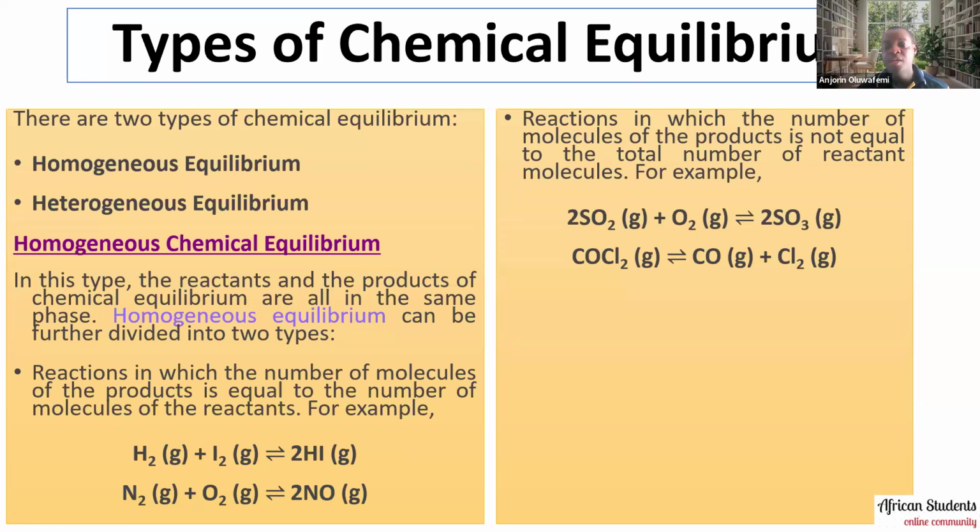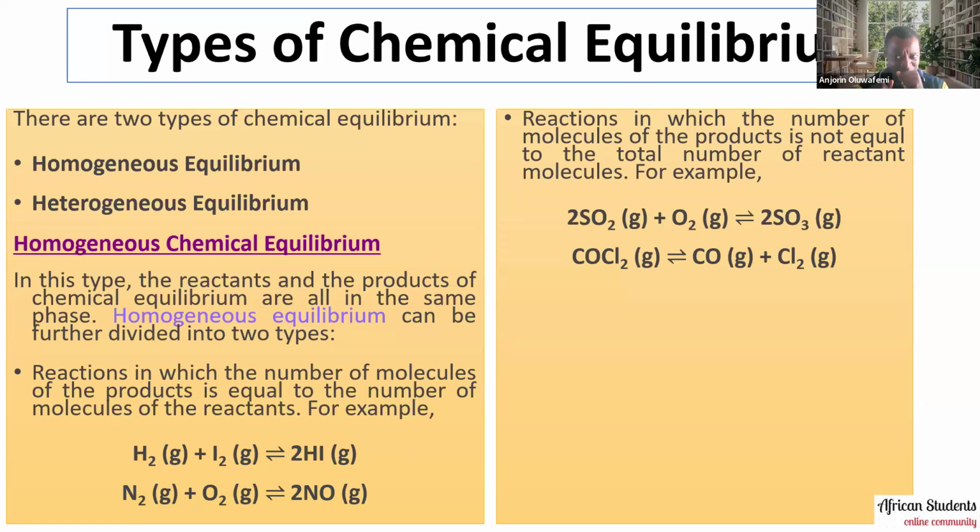First, reactions in which the number of molecules of the products is equal to the number of molecules of the reactants. For example, when hydrogen and iodine react, they are reacting in the same phase. You understand? They are both in gaseous phase. So that's an example of a homogeneous chemical equilibrium.